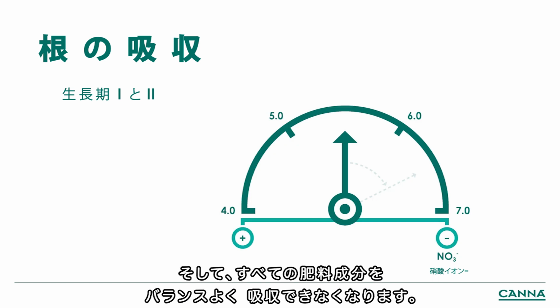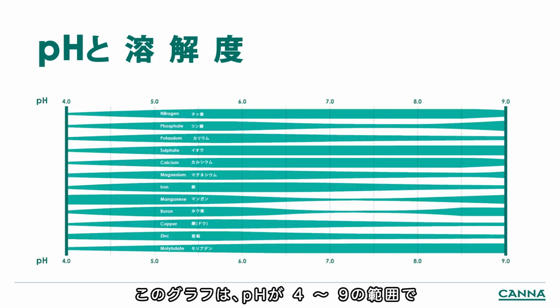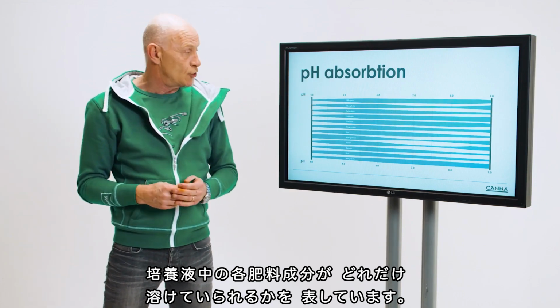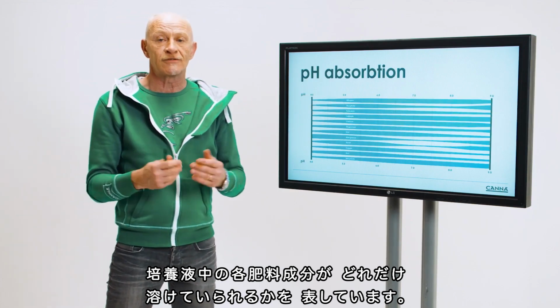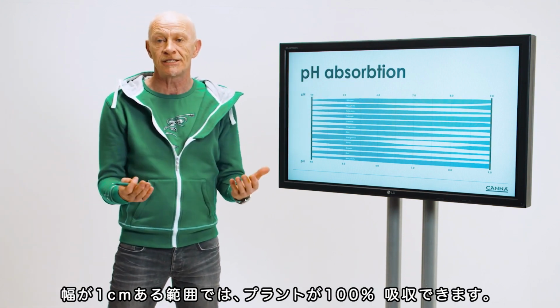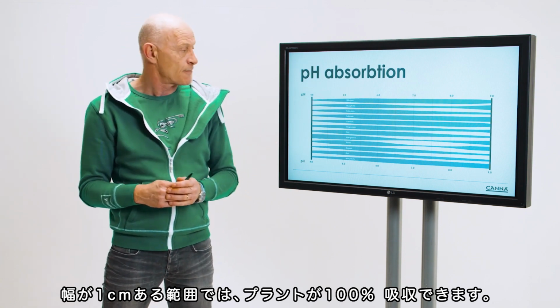But that means that not all nutrient elements are available. In the graph, you can see, this is the graph from pH 4 till pH 9, that every element which is in the solution, they have a kind of solubility. When it is 1 centimeter high, it means the plant can take it all, 100%.